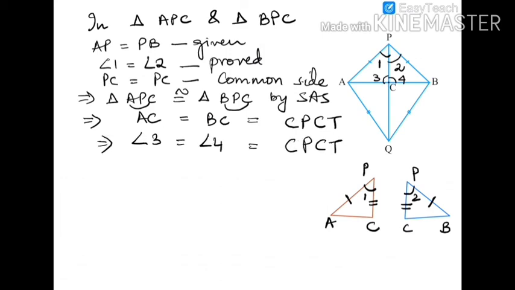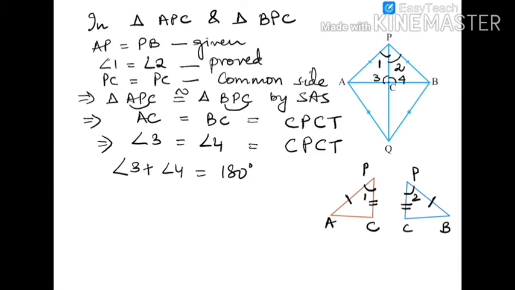They are corresponding angles of congruent triangles. But angle 3 plus angle 4 is 180. Why? Because angle 3 plus angle 4 form a straight line, and therefore they are linear pair.